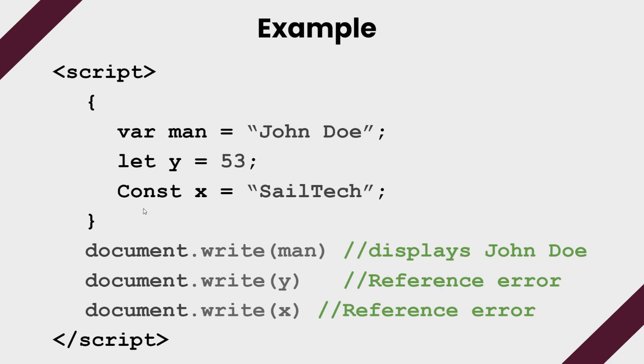But the moment you declare it again within a scope, it would conflict with the one outside, and it will give you the value of John Doe instead of the value you have out there for the other variable being declared. So no need to worry, we'll see how this works in VS Code.